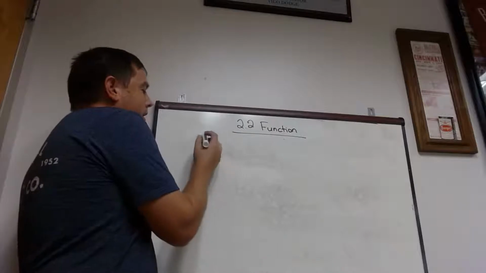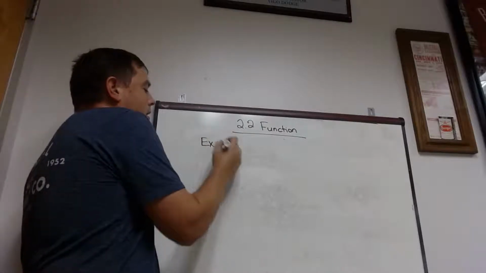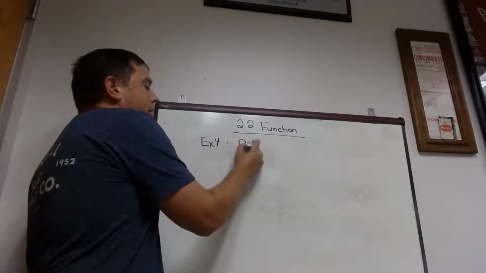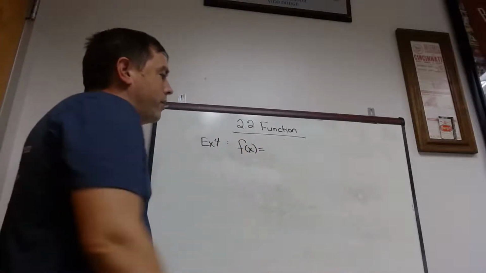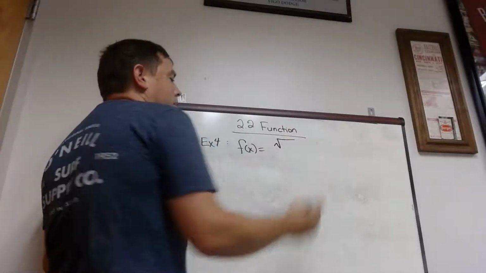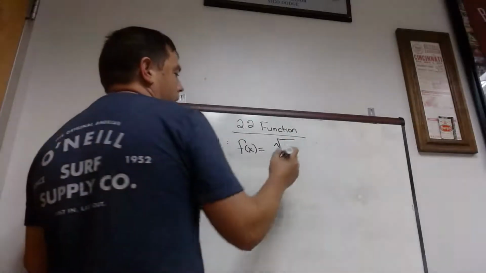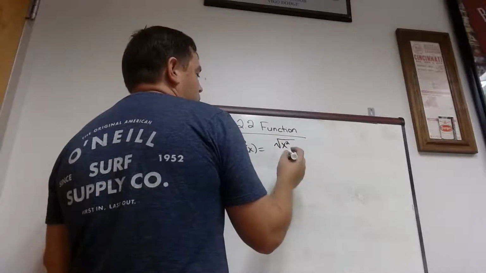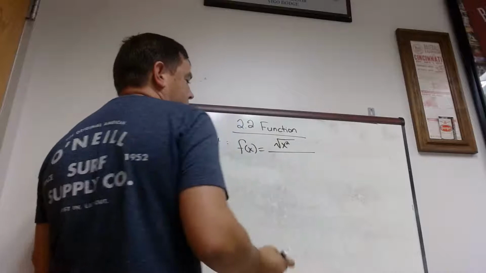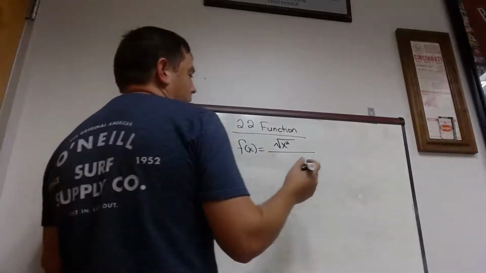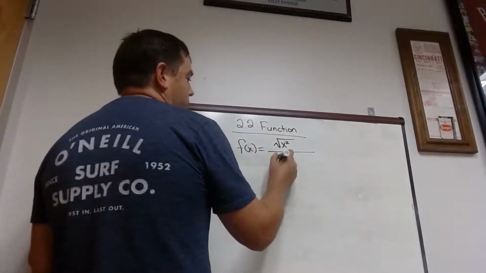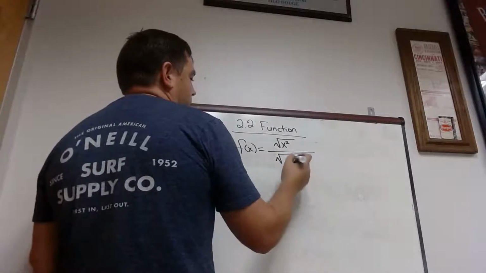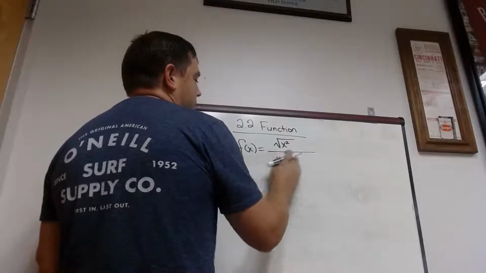Let's see. The last example here, we'll call that example 4. So let's go back to f of x. And we'll say that we have the square root of x squared, all over the square root of, well, let's do this.